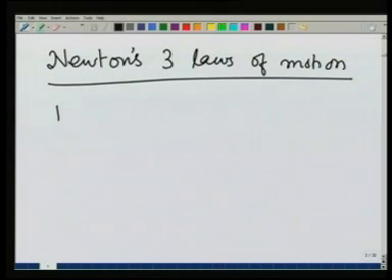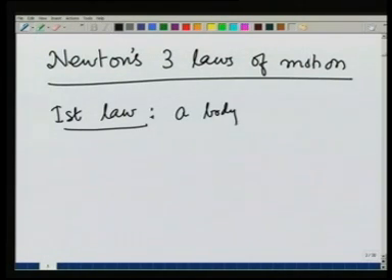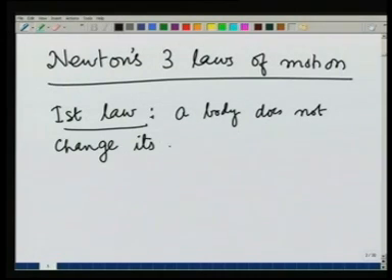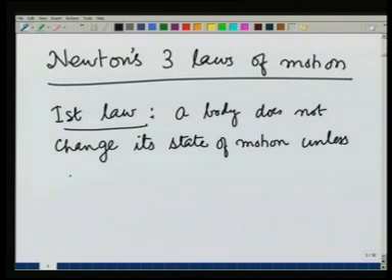The first law states that a body does not change its state of motion unless acted upon by a force.